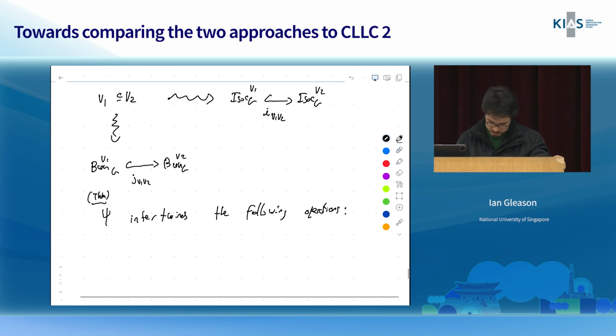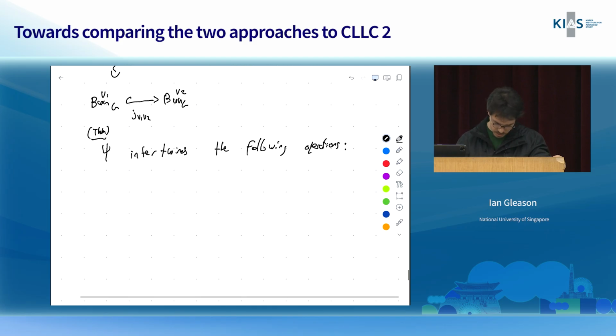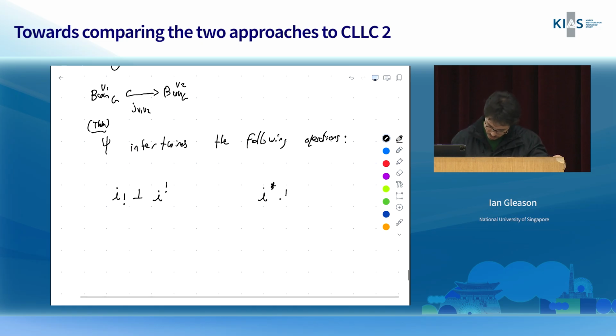I told you that maps in Isoc are called I, and maps on Bun G are called J. Whenever you have I, you have a lower Schritt functor and also an upper star functor. This lower Schritt functor always has an upper Schritt right adjoint, and this upper star functor always has a right adjoint, which is a lower star functor.